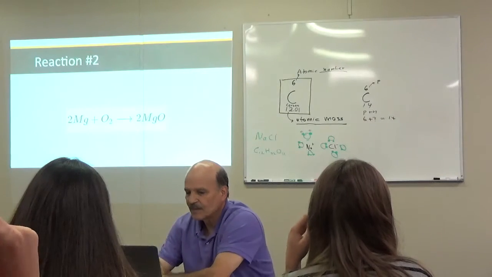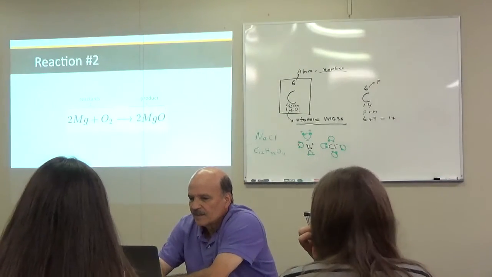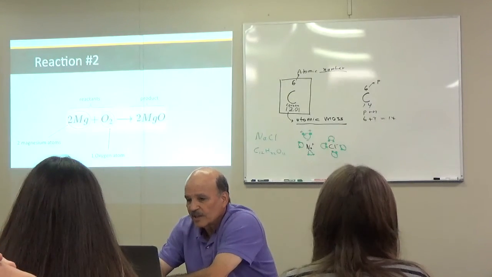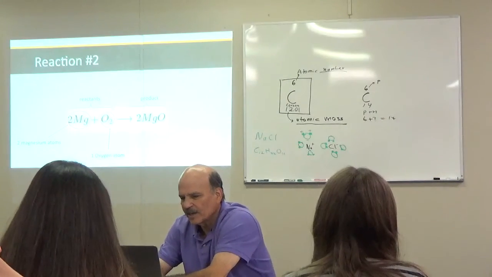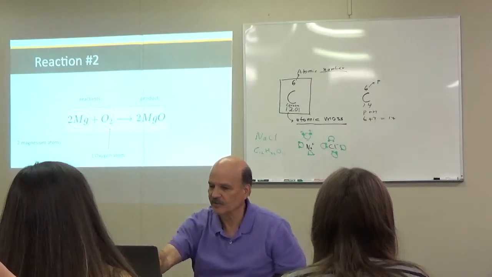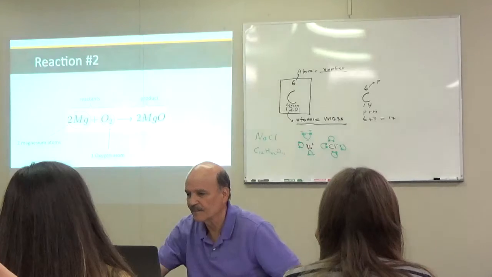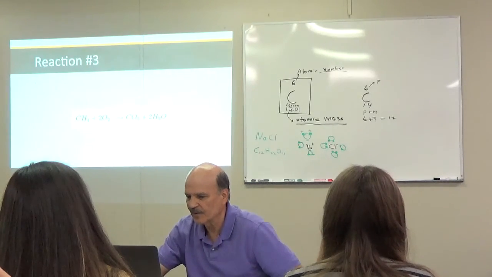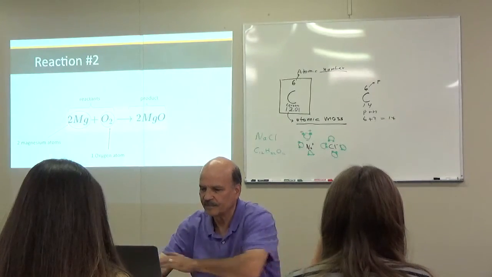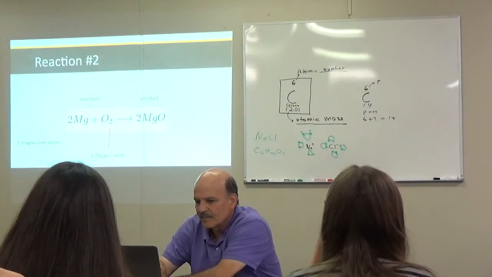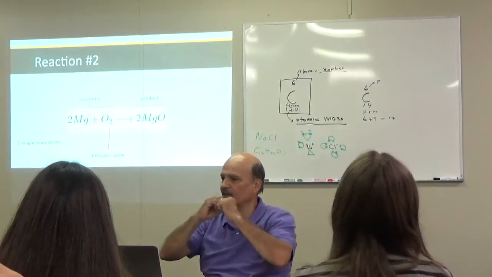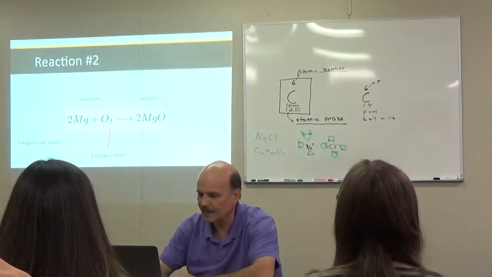Yes. So reactants, products, 2 magnesium atoms, 1 oxygen molecule with 2 oxygen atoms in it. Again, this should say 1 oxygen molecule, not atom. And the 2 there says each molecule has 2 oxygen atoms, so we've got 2 oxygen atoms bonded together.